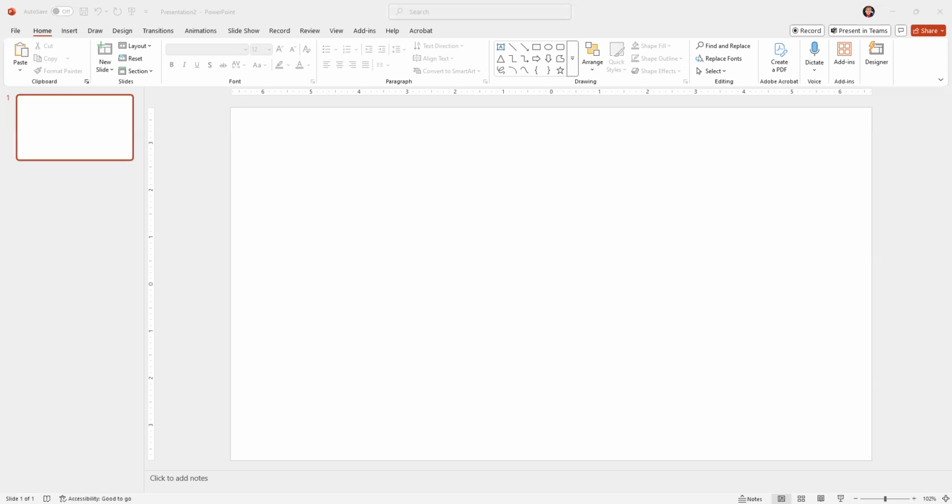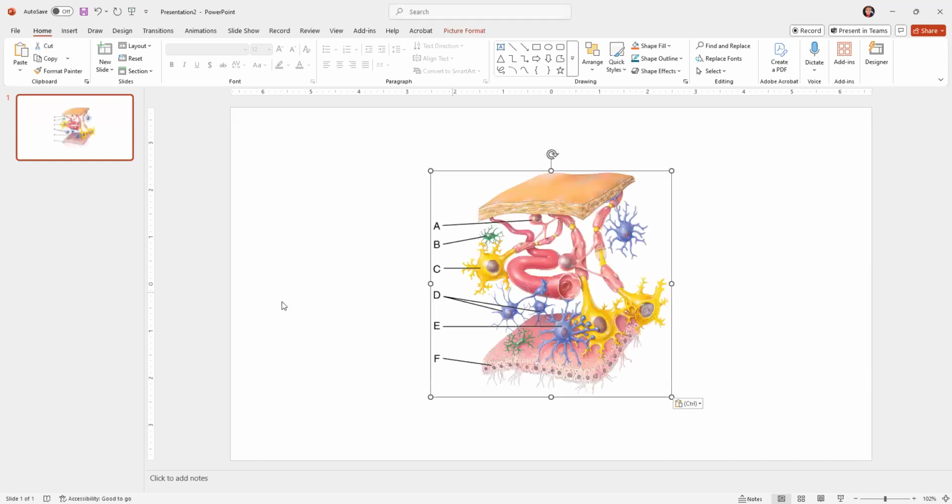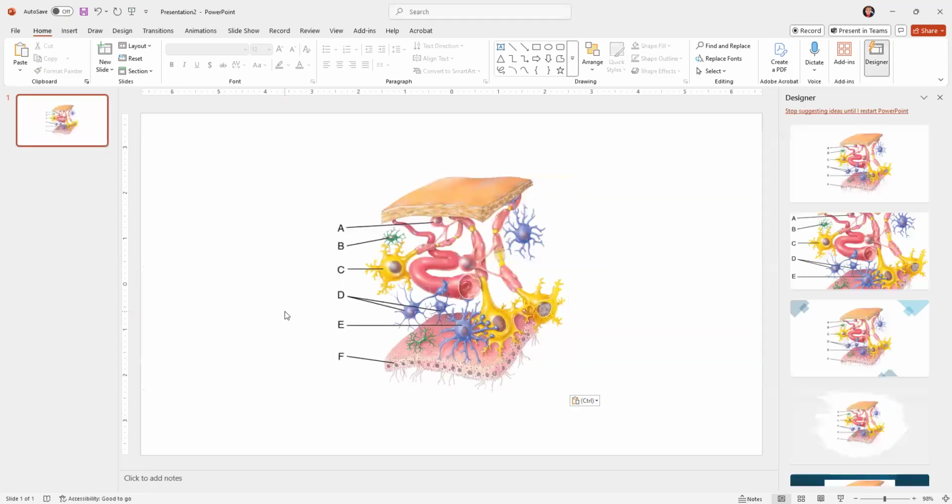You can label the figure with all the different types of glial cells in the central nervous system. Name the four types of glial cells in the central nervous system. Neuroglial cells. What's A? Make sure you can label this diagram.